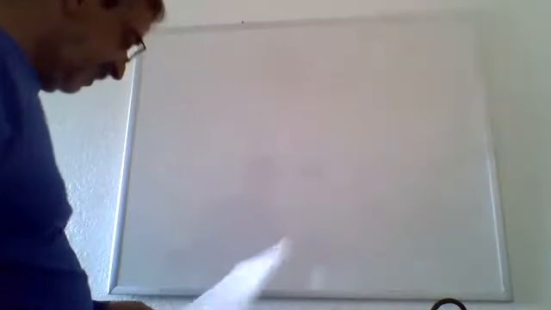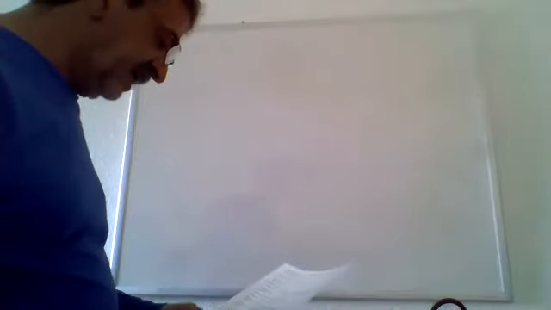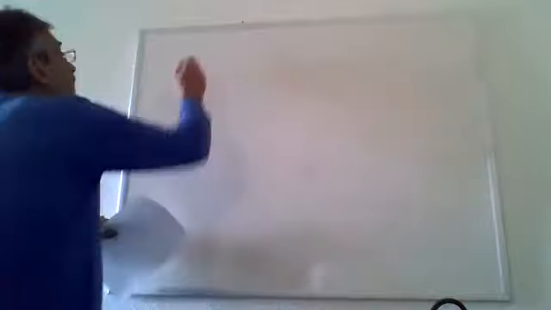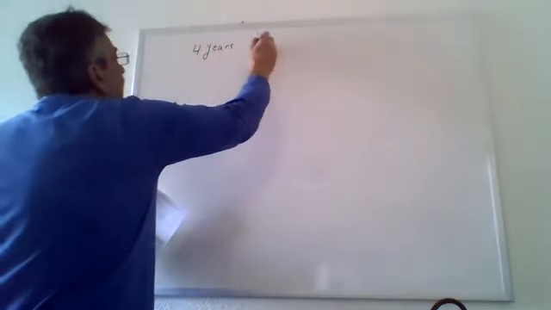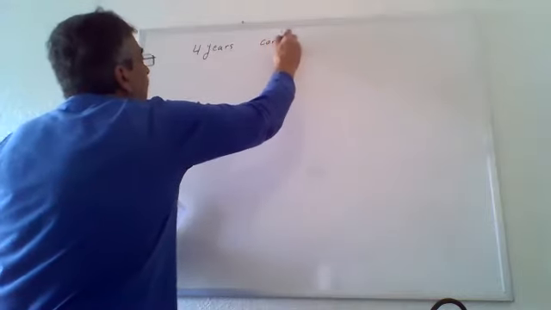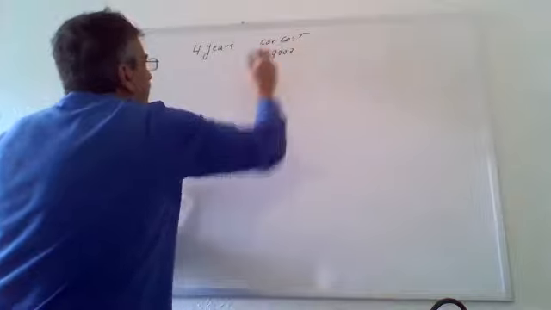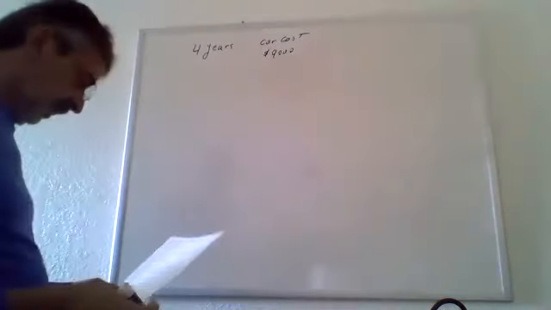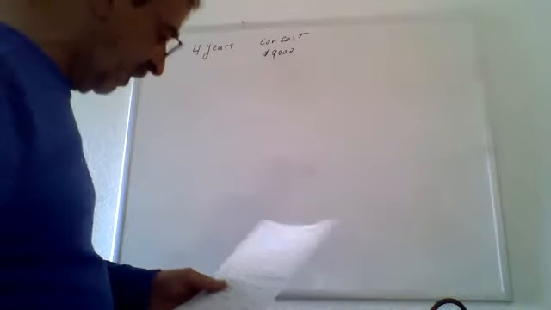It says you want to buy a car in 4 years and expect the car to cost $9,000. So 4 years, car cost $9,000. It says your bank offers a plan with a guaranteed APR.